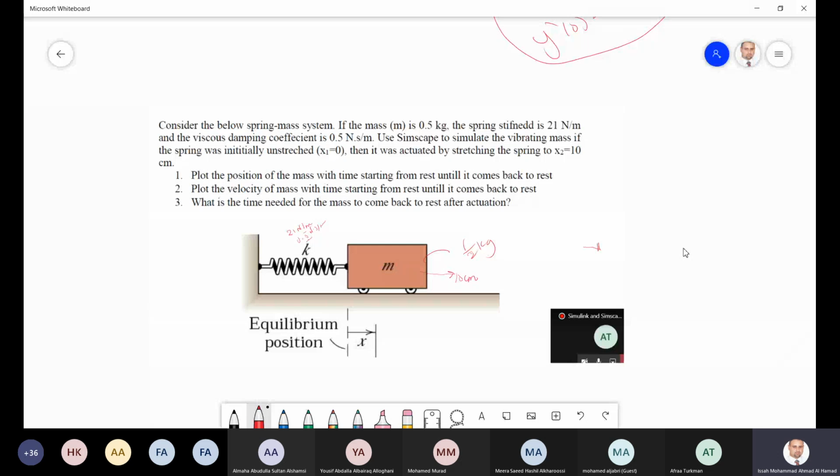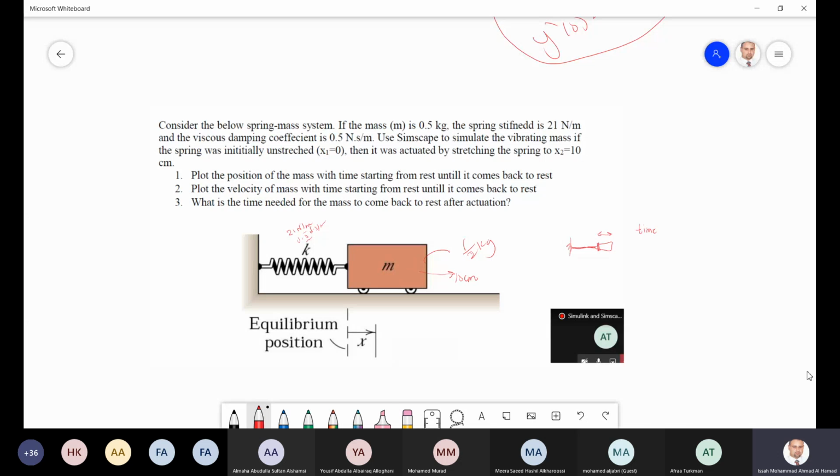So what happens now when you pull this mass or stretch the spring for 10 centimeters, it will start vibrating, correct? It will start vibrating for a certain time. Then it will go back to rest. So it starts from rest and it goes back to rest, correct? So we need to simulate this, and we need also to find the amplitude.